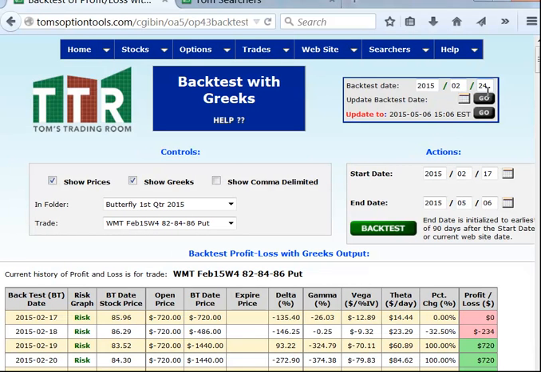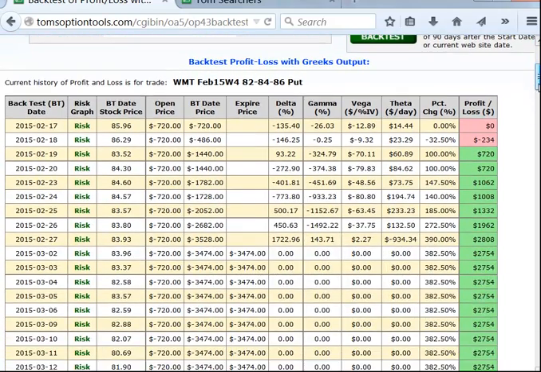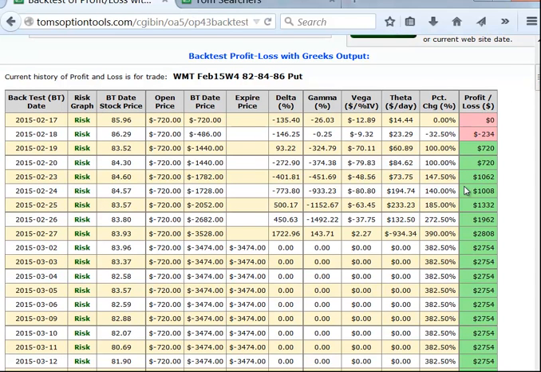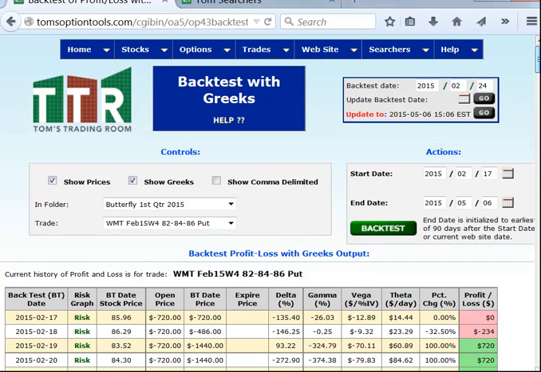So if you want to backtest and look at exactly the date I'm looking at, it is 2/24/2015. And it has more of a history than even my backtest date, because at the end of the day it's showing it actually expired on 2/27, so that's the last valid date.